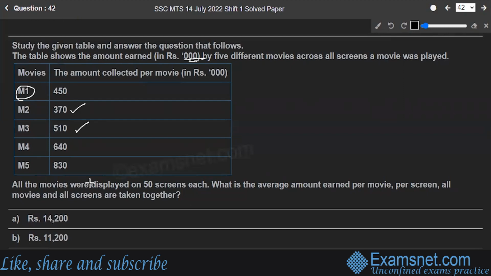Next, it says all the movies were displayed on 50 screens each. What is the average amount earned per movie per screen? All movies and all screens are taken together. Okay. So this is the data and this is what you want. You want to know the average amount earned per movie per screen, all the movies and all the screens taken together, right?